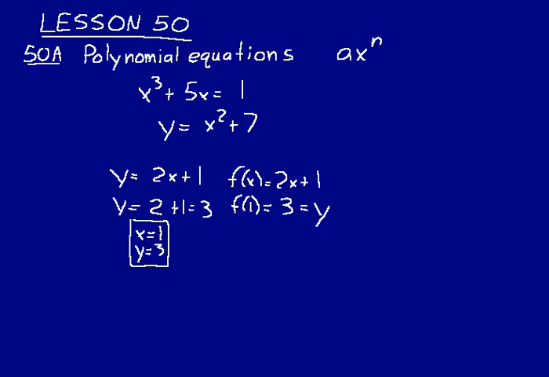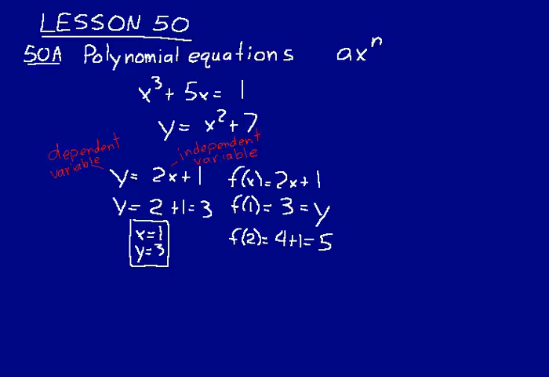And the reason for that is because the value for the y depends on what you put in there for x. For example, if we said x equals 2, let's write this with functional notation. We would say f of 2 is equal to 2 times 2, or 4, plus 1, which is equal to 5. So in that case, y is 5 when x is 2.